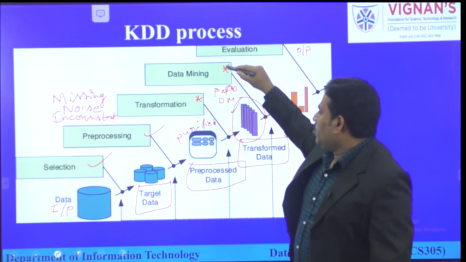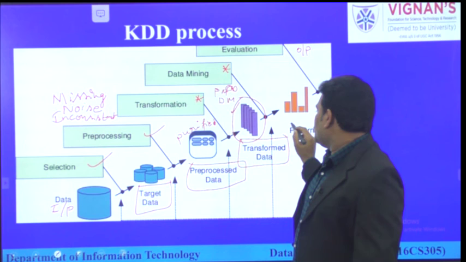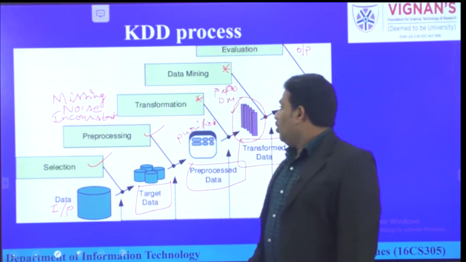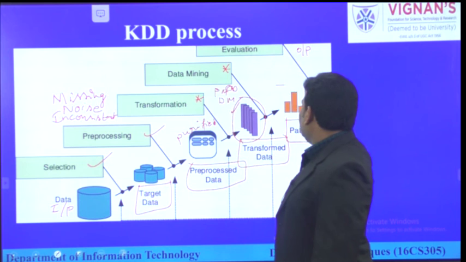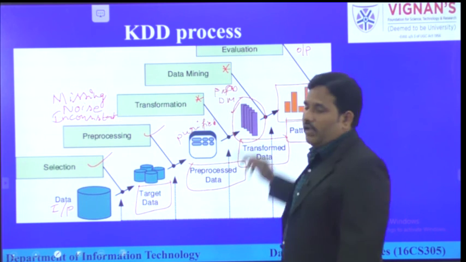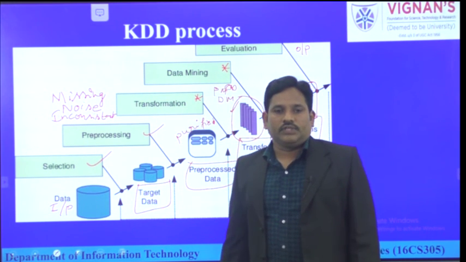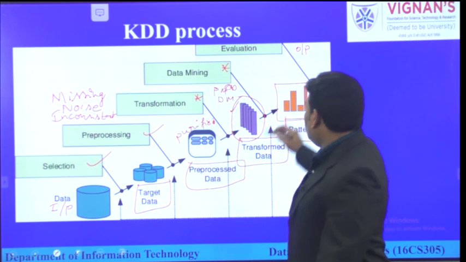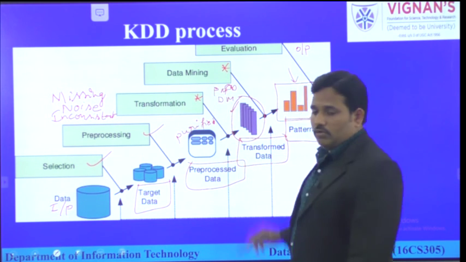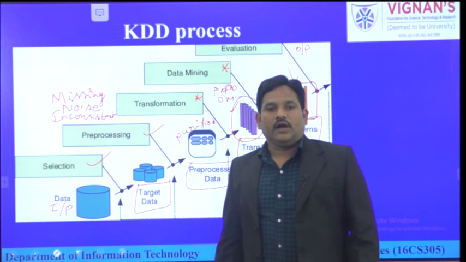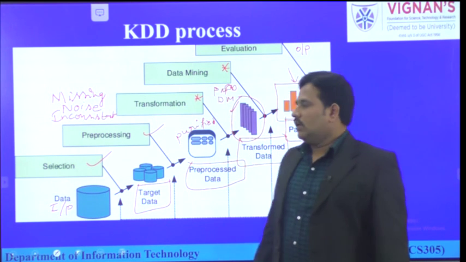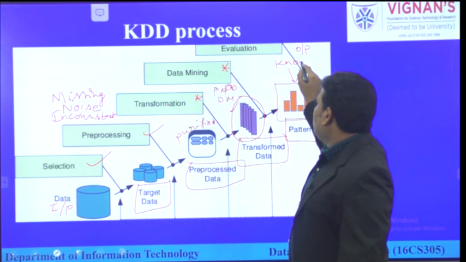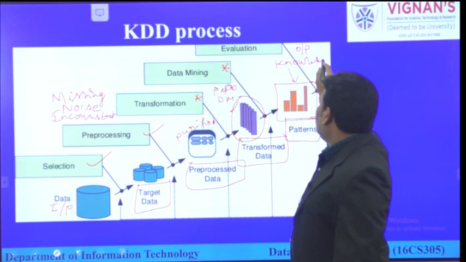Now as a result of the data mining algorithm, we will get some patterns. That means the output is in the form of graphical information. Let us take, it has generated a histogram. Now we can analyze this histogram effectively and come to a conclusion and extract some information that we can call knowledge.